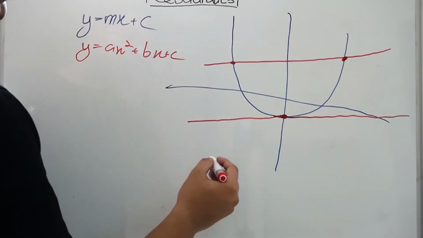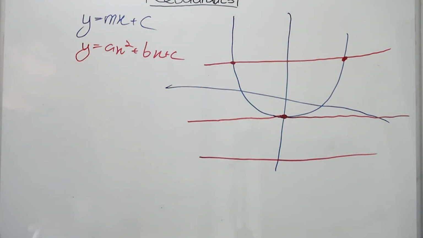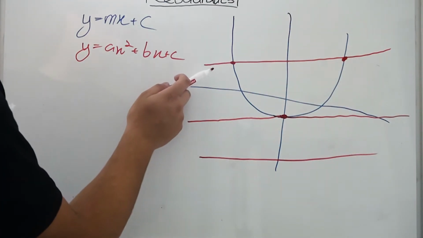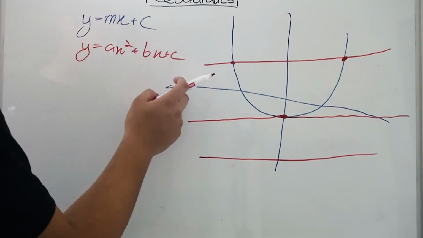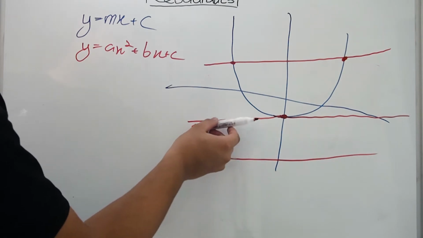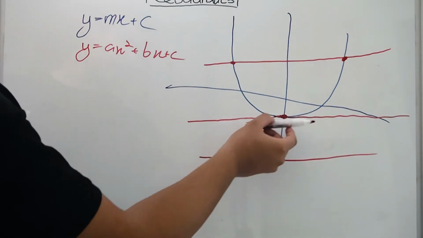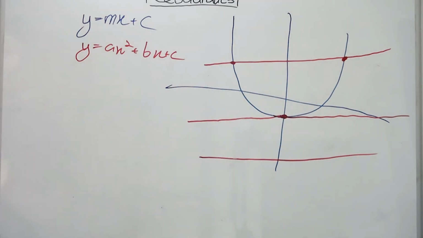The last possibility is that the line does not touch the curve at all. In this possibility, there are two intersection points. In this possibility, there is one intersection point, and this line, if you notice, is the tangent of the curve at this point. Now that we know this, we can solve questions related to the quadratic equations.